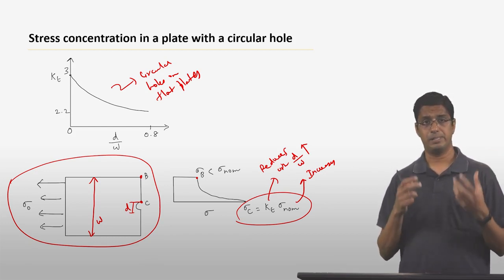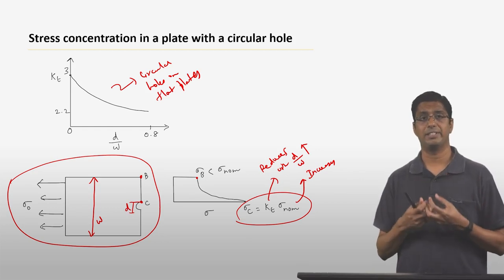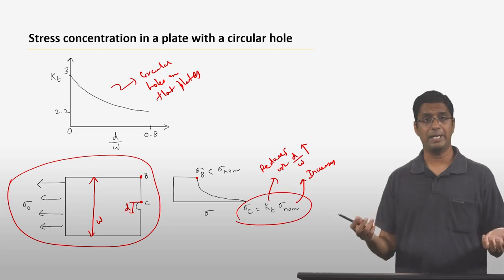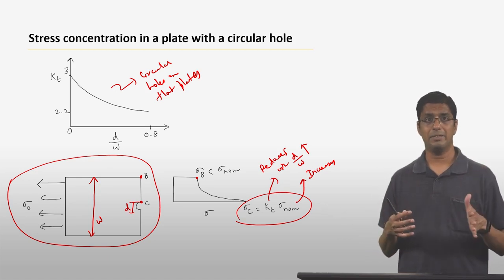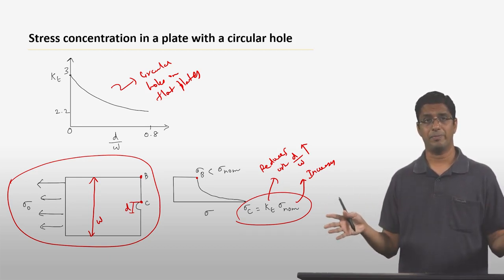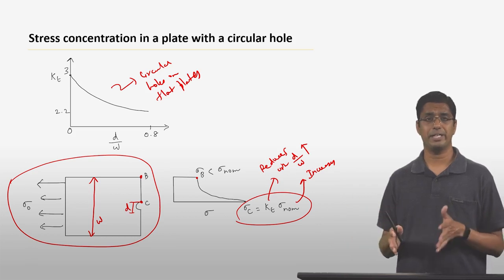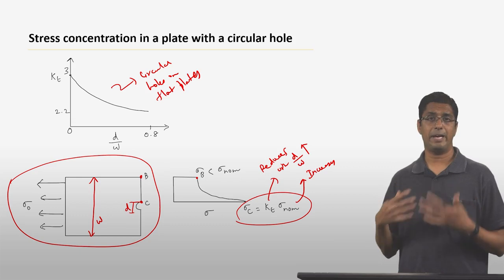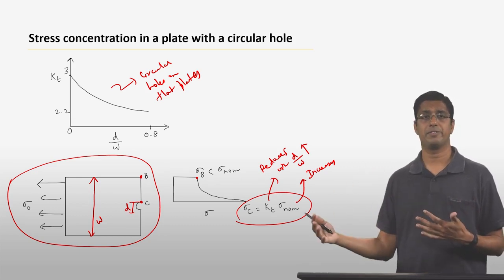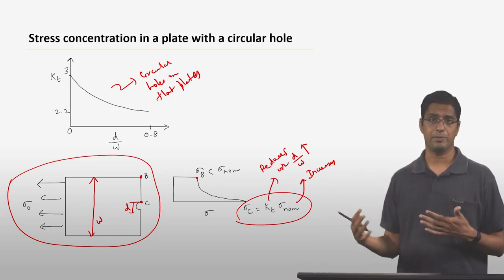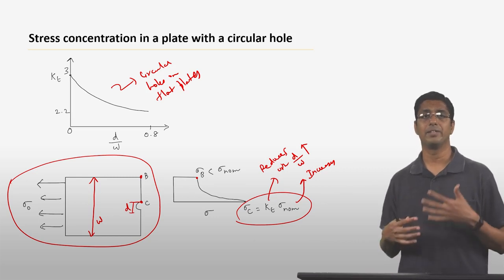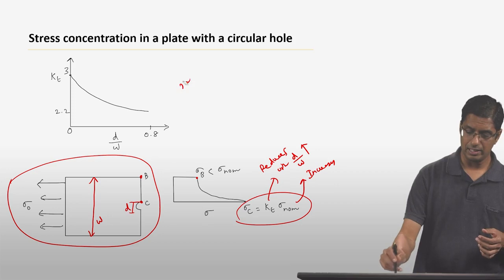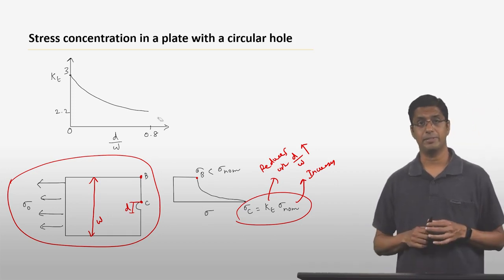It depends on the specificity of the stress concentration that is there, whether it's a hole or a crack or an elliptical hole, whatever it is, that matters. And also the type of loading. So essentially you can't use this graph universally. You have different graphs for kT for different types of stress concentrations and different types of loading. Again, you will look at these things in a lot more detail when you go to your design class. But here I just want to mention that this is not some universal curve that you can use.